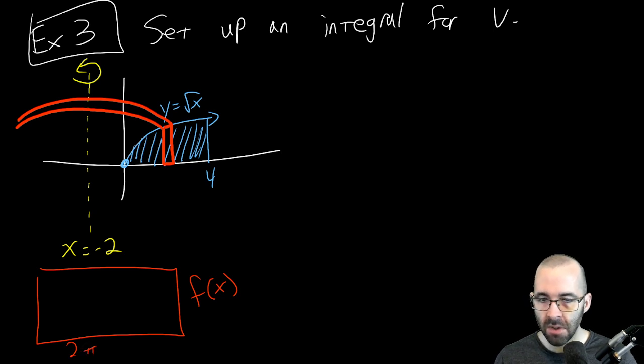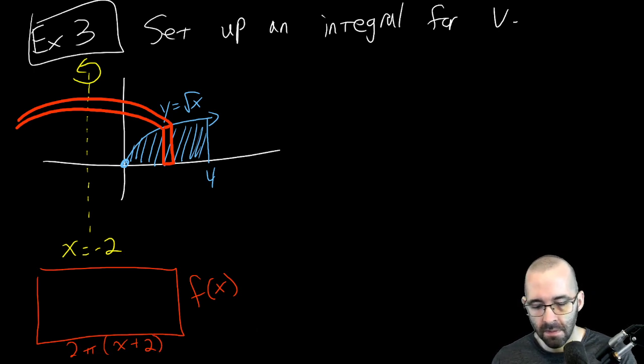The base is still the circumference, which is 2 pi times the radius. But now it's not just the x coordinate, right? The x coordinate would only give us this distance for the radius, but we need the whole distance for the radius. It's going to be x, and then go an extra 2 units after this. So the volume will be 2 pi times the integral.